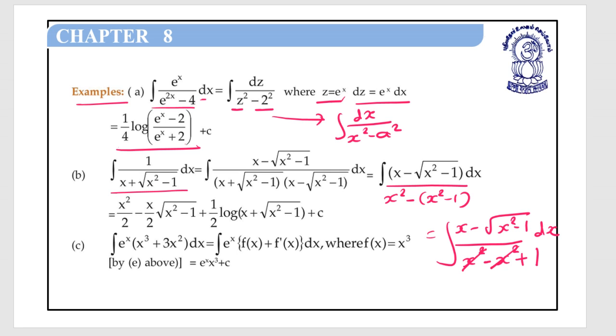So x square minus x square cancel. So only x minus under root x square minus 1 dx. Integration of x is x square by 2 minus under root x square minus a square. So the formula is minus x by 2 under root x square minus 1 plus 1 by 2 log x plus under root x square minus 1 plus c.